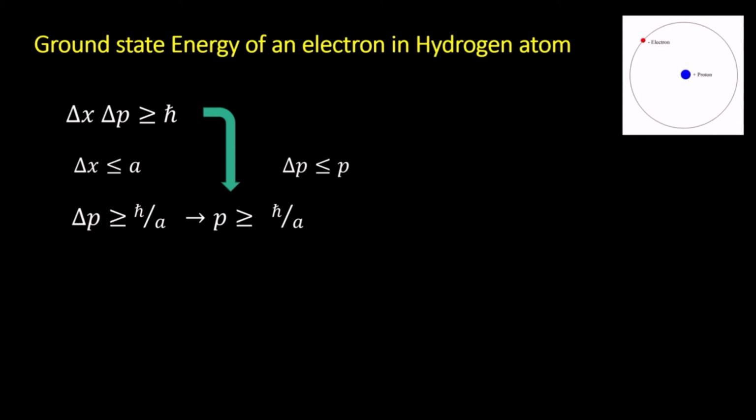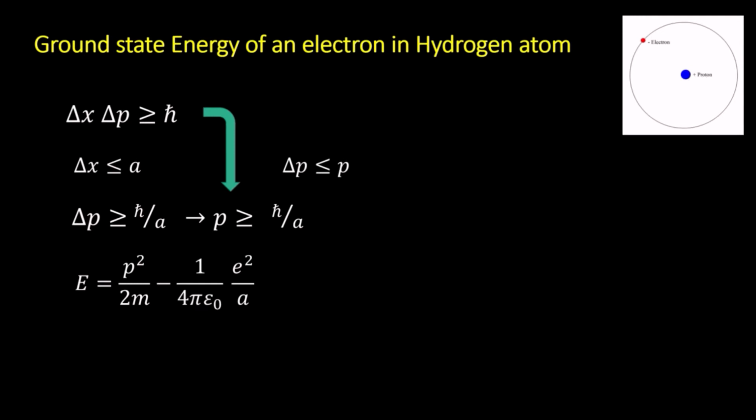Now, we know that the total energy must be the sum of the kinetic energy and the potential energy, and hence we have a relation E equal to p square by 2m minus 1 by 4 pi epsilon 0 e square by A, where the first quantity represents the kinetic energy and the second quantity represents the potential energy of the electron.